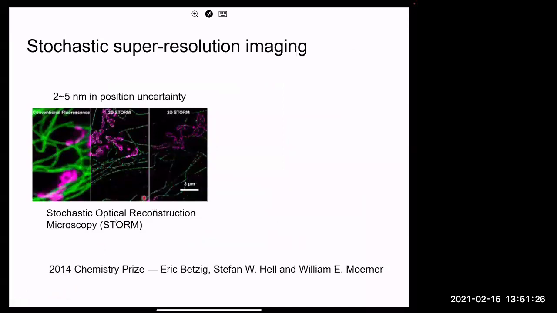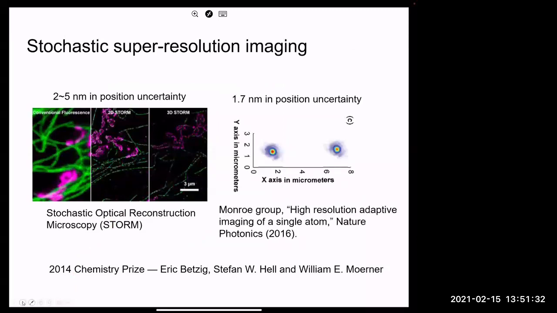What I've just mentioned is called stochastic super resolution imaging. If you implement something like this on atoms, for example, this is a demonstration based on ions. There are only 2 ions in the system, and you can see the optical resolution will give an uncertainty of, say, a few hundred nanometers.